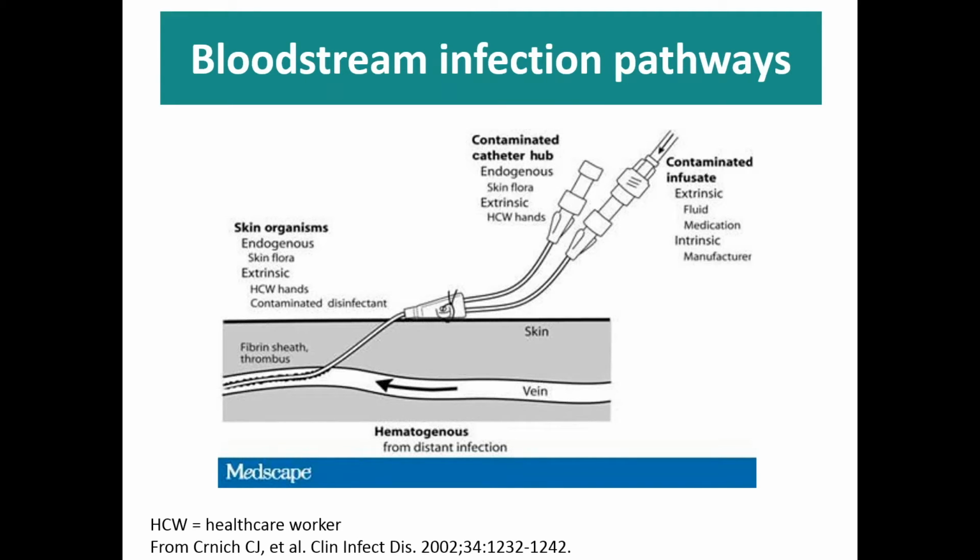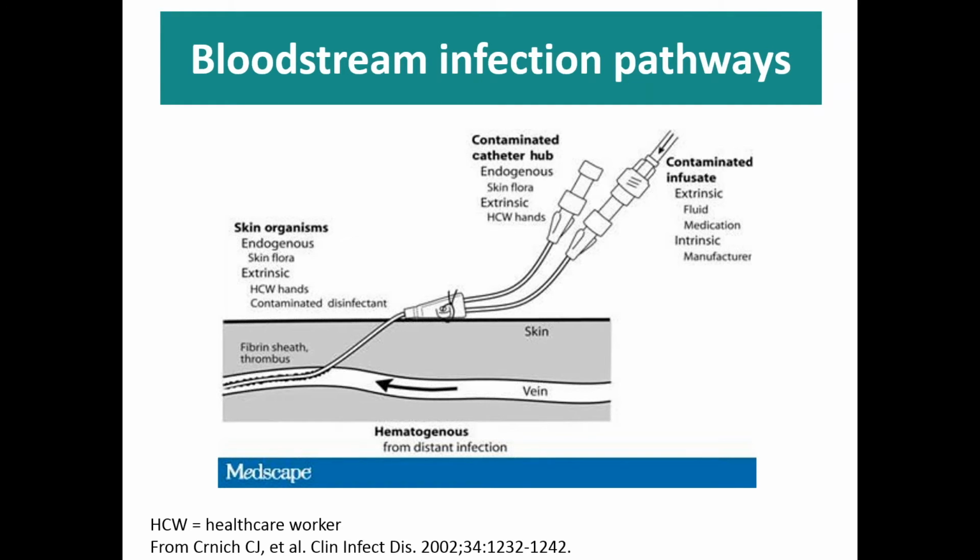This picture demonstrates the 4 possible pathways for developing a bloodstream infection. The first possible pathway is migration of microbes down the catheter tract, that is, through the wound created to insert the catheter. These microbes may be from the patient's skin, contaminated disinfectant, or healthcare workers' hands.